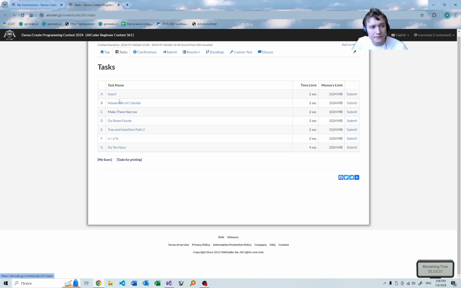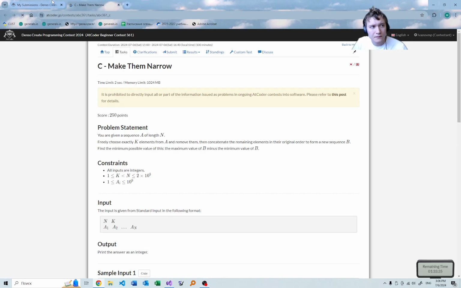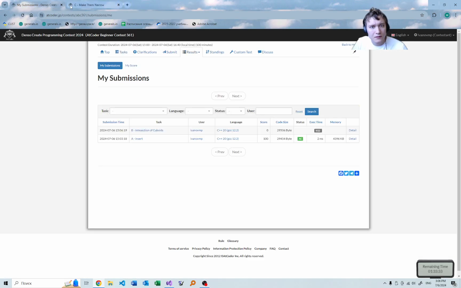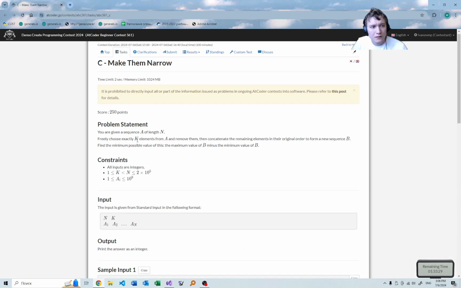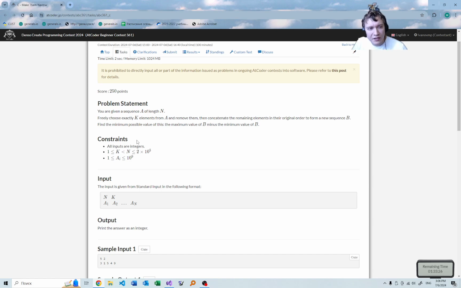Problem C. We're given a sequence A of length n.